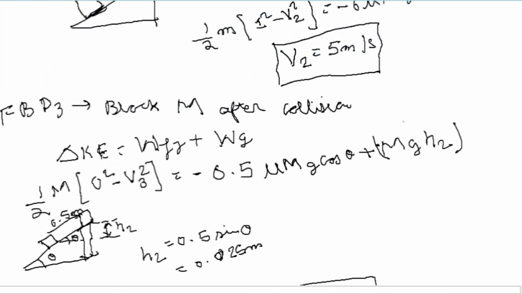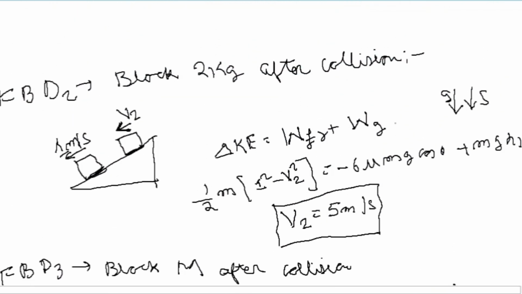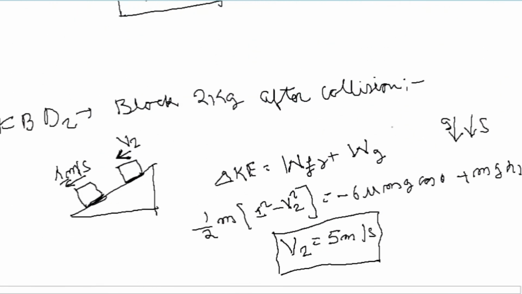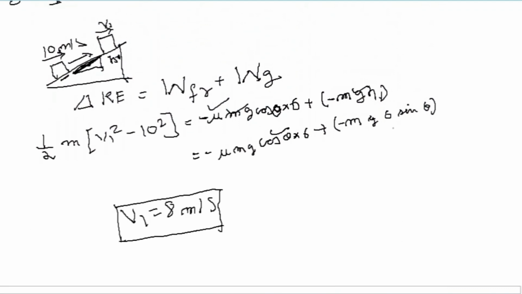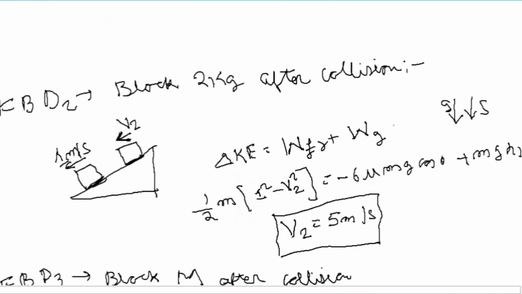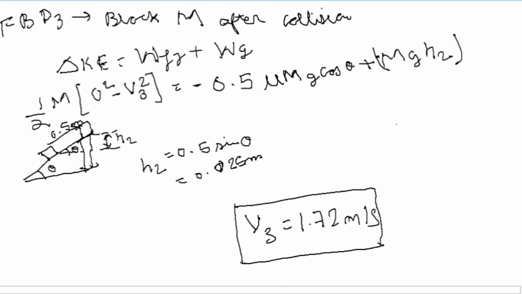We have the velocity of this block 2 after collision. We have the velocity of block of mass 2 kg just before collision, and we have the velocity of the block of mass capital M just after collision.